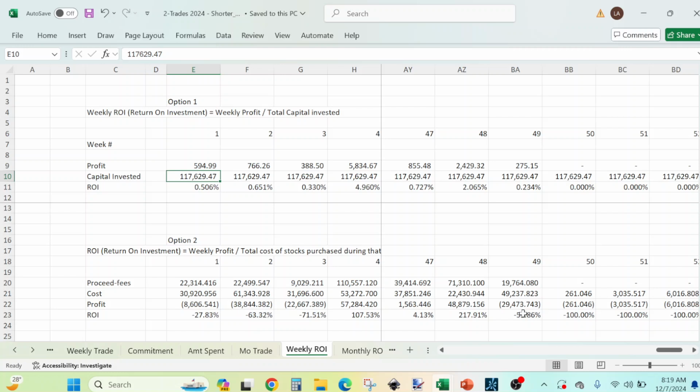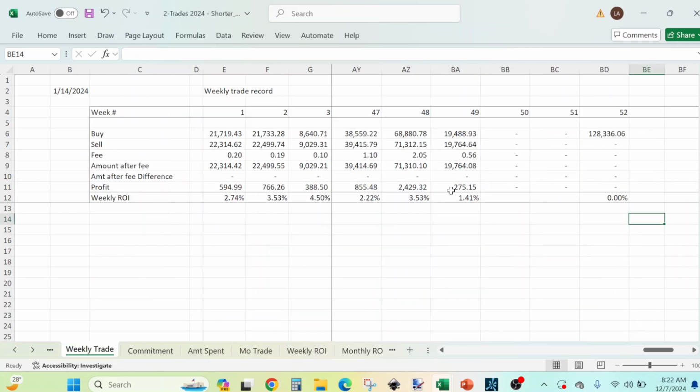So for week 49, we have this here because we purchased something the previous year that we sold this year. Therefore, it's putting it there for us. But I'm still surprised that this one is tracking it in a way that the profit matches our weekly profits. And here we have 1.41% return for week 49.